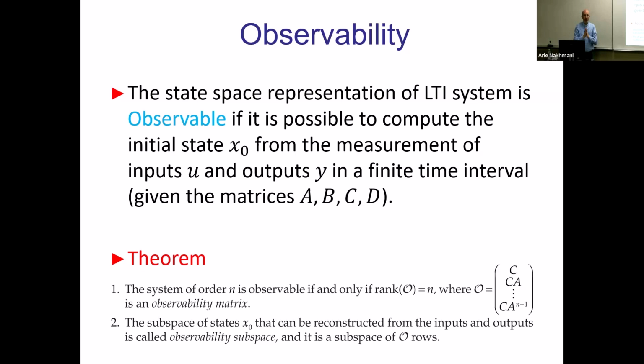Now for MIMO systems, it could actually be a matrix. C might be a matrix, right? So multiplying that matrix by A, you get a matrix of the same size. So you have multiple rows. This thing will not be a single row, it will be multiple rows by n, depending on the number of outputs, obviously. And the same thing here. So it will not be a square matrix anymore.